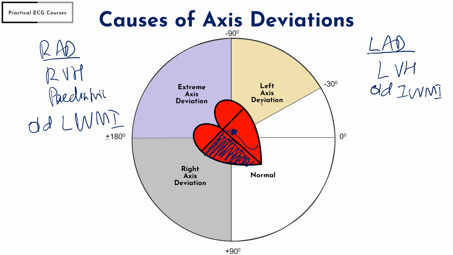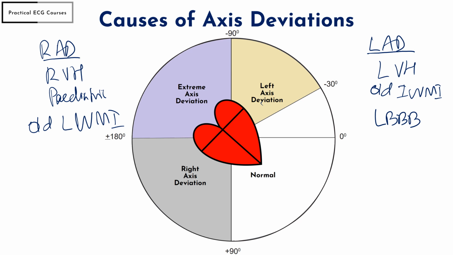And when it finishes depolarization, the left ventricle is still not depolarized. Therefore, it sends impulses this way from the right ventricle to the left ventricle, and the mean of all those vectors is going into the region of the left axis deviation. This is the reason why left bundle branch block has a left axis deviation.